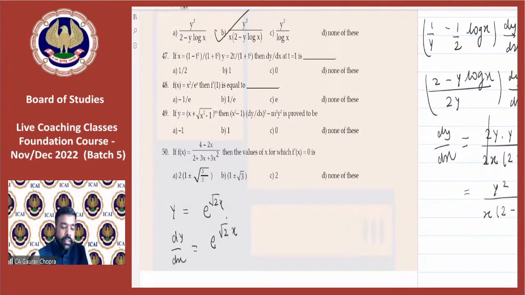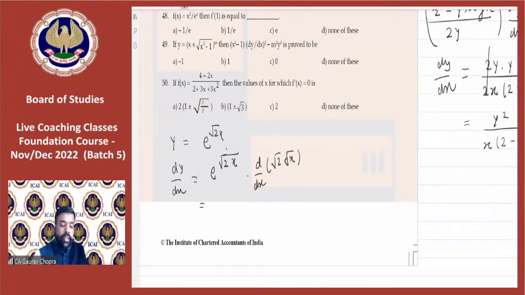And this x is inside the root. Yes. So the next step is we have to multiply it with the derivative of root of 2x. Root 2 is simply a constant and then we have root of x.